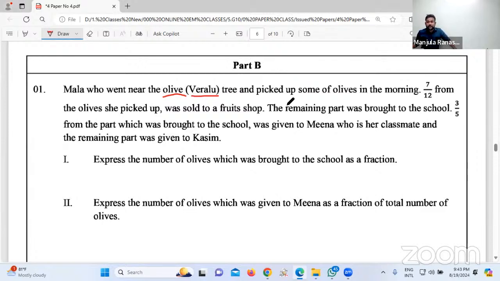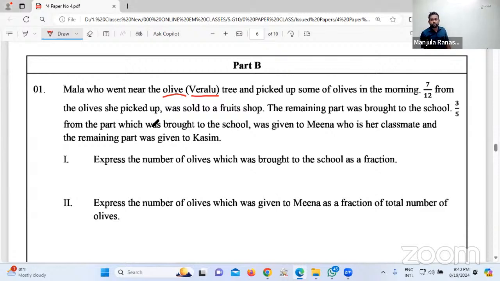Mala went near the tree and picked up some olives in the morning. 7/12 of the olives she picked up were sold to a fruit shop. So you can make a sketch: 7/12 sold to the fruit shop.